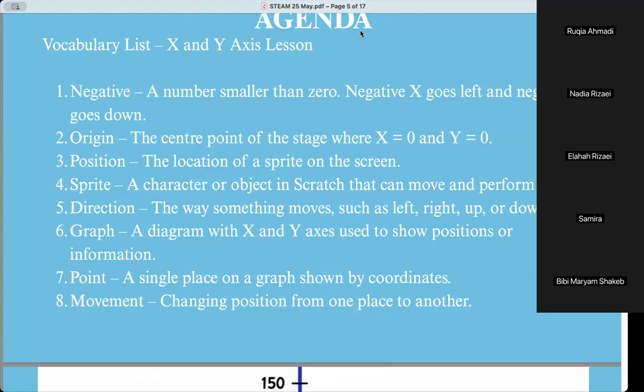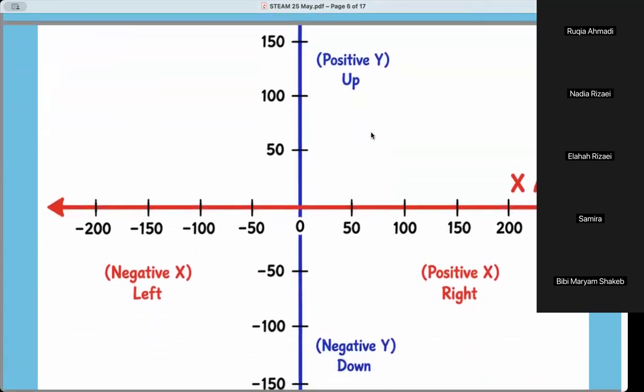We need to understand the vertical line, the horizontal line, the x-axis, the y-axis, the position of the sprite, and the direction we would like the sprite to travel. For all these, we have to understand the basics. And the basics are x and y axis. Okay? We are going to unpack that right now.